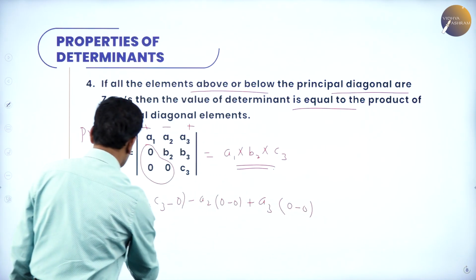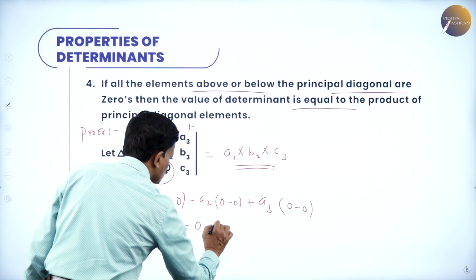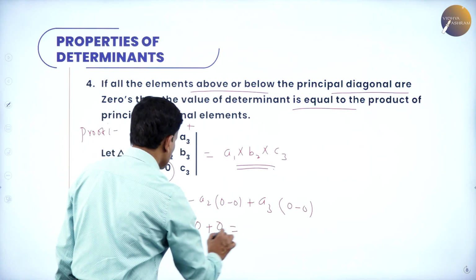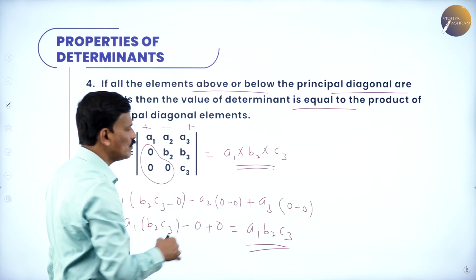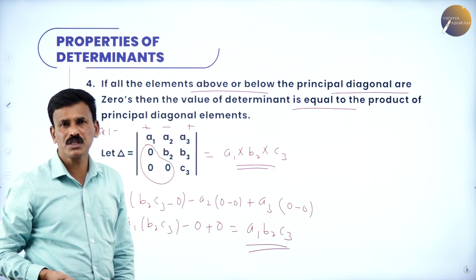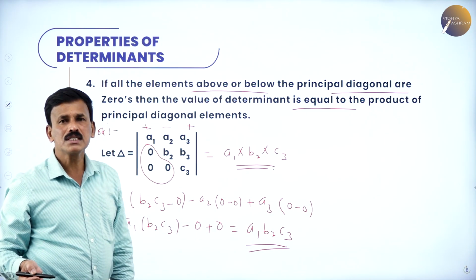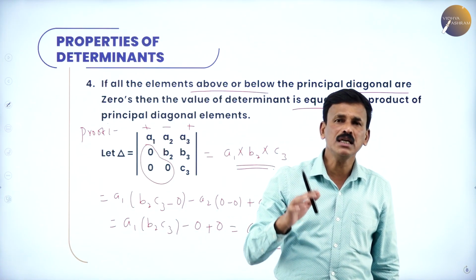What you will get? This is A1 into B2 C3 minus 0 minus 0. That's equal to A1, B2 and C3. So if all the elements above or below the principal diagonal are 0, then the value of determinant is equal to the product of the principal diagonal elements.